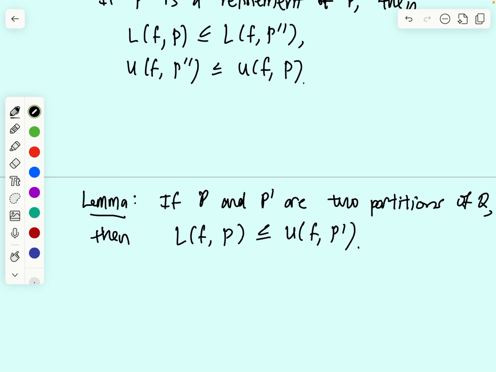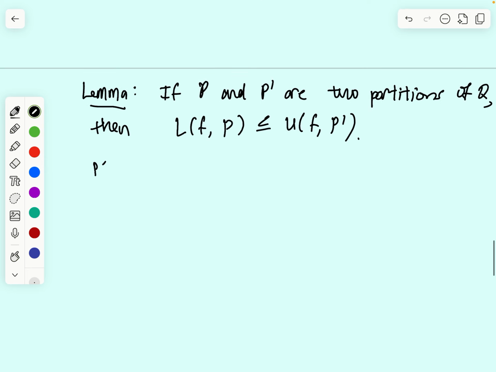So it doesn't matter which 2 different partitions you pick, the lower sum is always going to be less than or equal to the upper sum. The proof of this works like this.